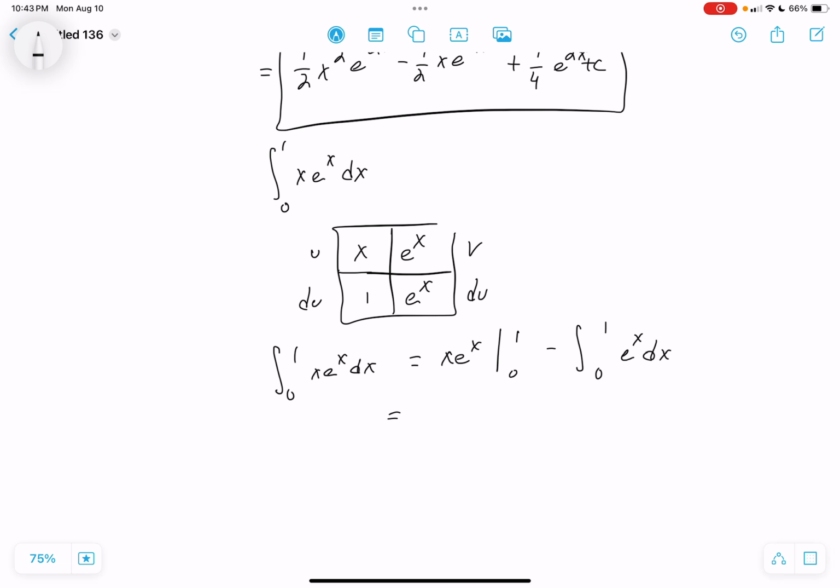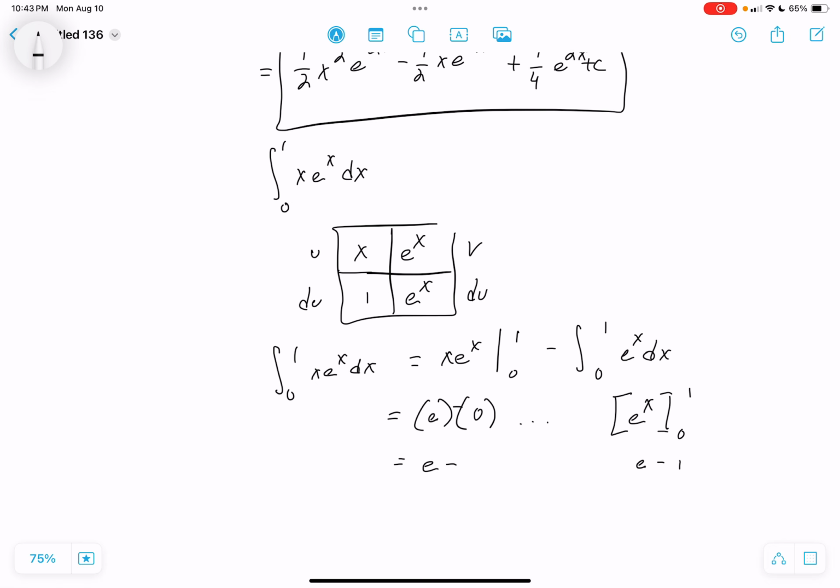So now when I evaluate this, it's going to be e minus e minus 0, so that's just e. And then the integral from 0 to 1 of e to the x dx, well, that's going to just be e to the x from 0 to 1, which is equal to e minus 1, right?